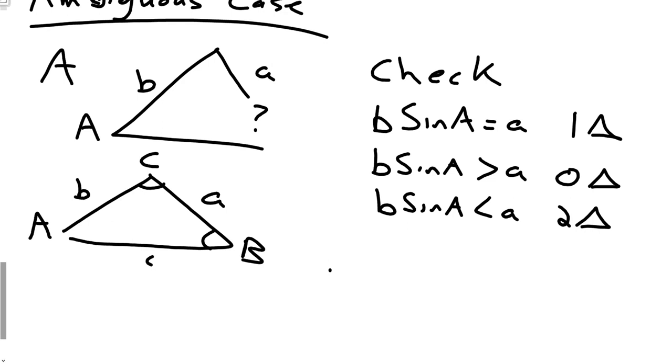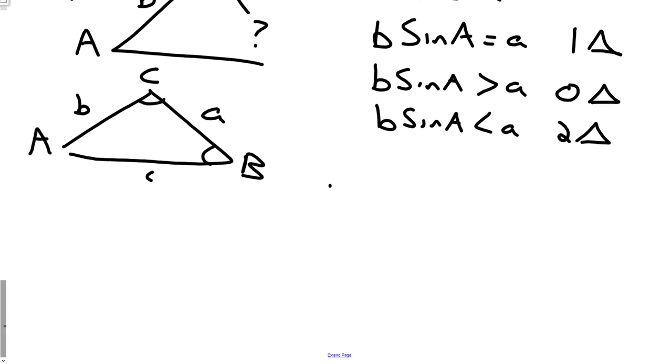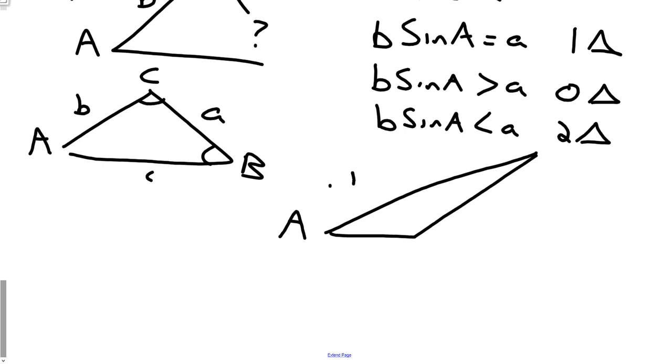For triangle number 2, your second triangle looks like this. Your A, your B, and your little a are all still the same. But this B here is actually obtuse.